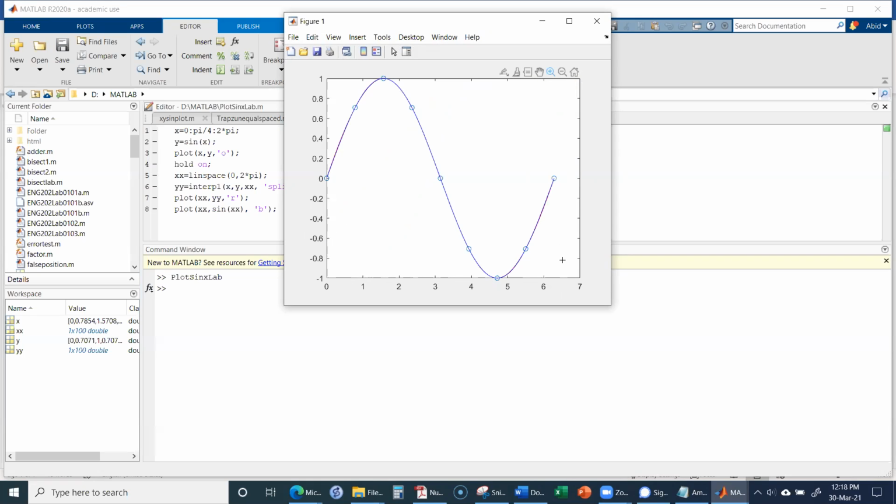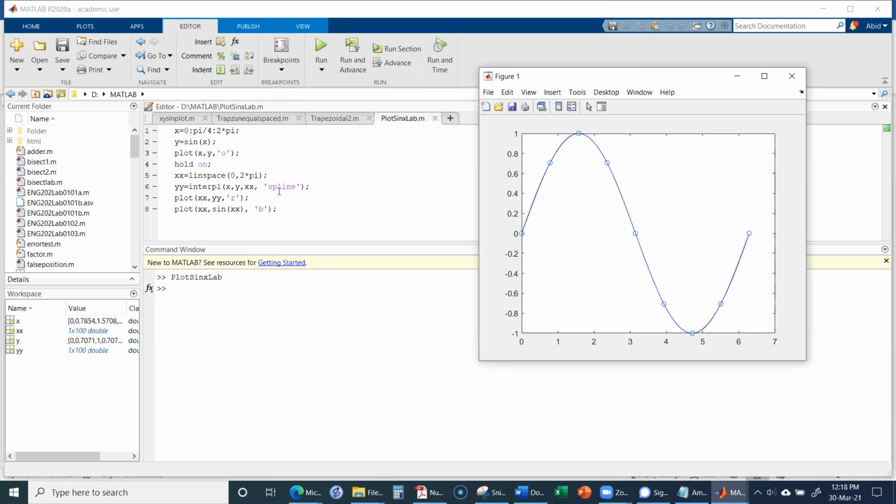So what is our end result? Our end result is that this spline interpolation, which in Matlab is a third order spline interpolation, is actually quite accurate.